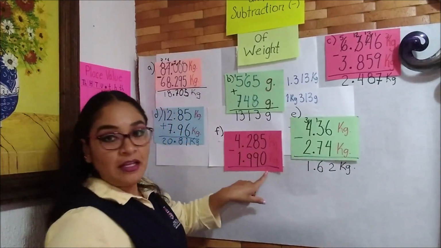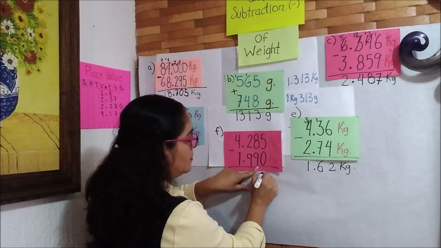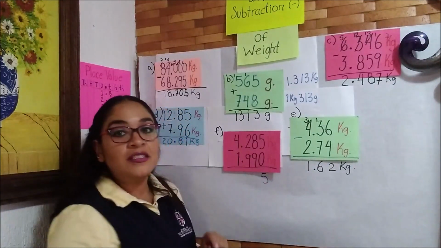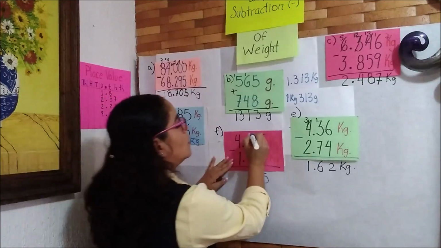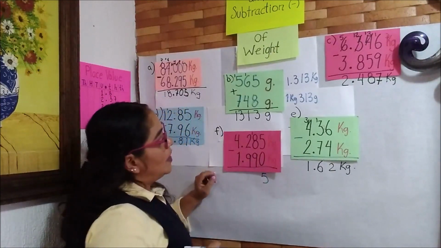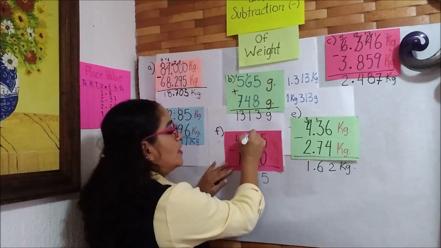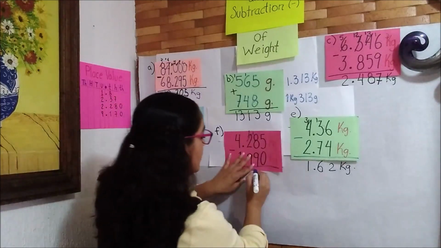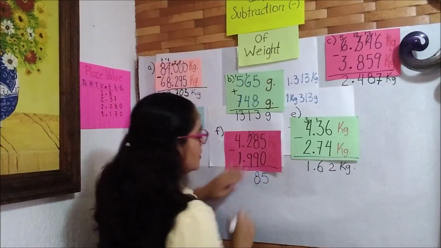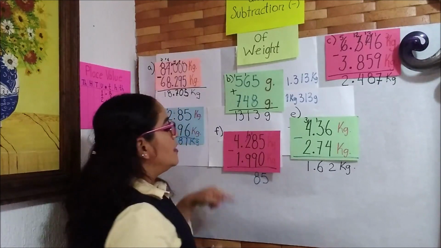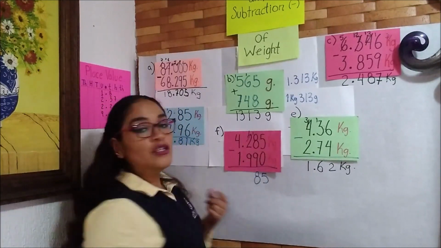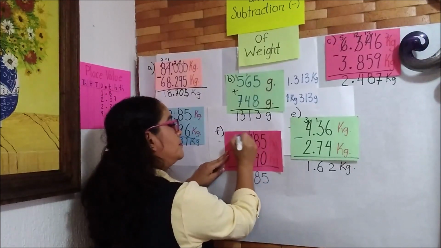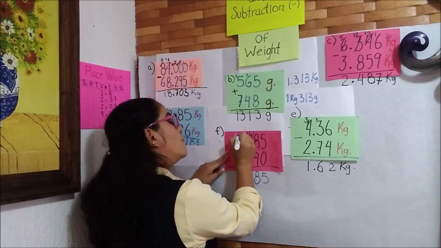So 5 minus 0 equals 5. 8 minus 9, we can't do that, so we go with our neighbor and we ask for a unit. The neighbor now is 1. So 18 minus 9 is 9. And 1 minus 9, we can't do that, so we go with our neighbor and we ask for a unit.